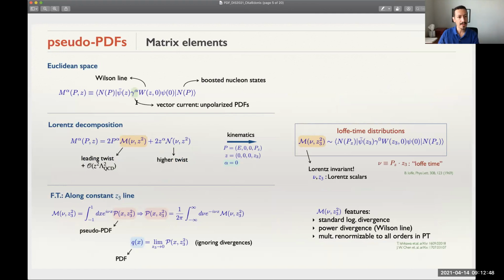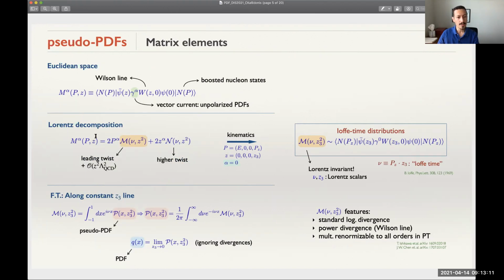All right, so in Euclidean space, we have to consider this matrix element over here, where again, N of P are boosted nucleon states. We have a Wilson line, and then we consider the vector current here since we want to compute the unpolarized PDFs. And this matrix element can be decomposed into two terms.